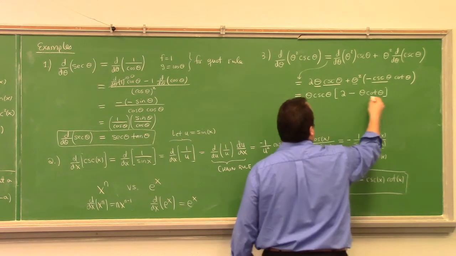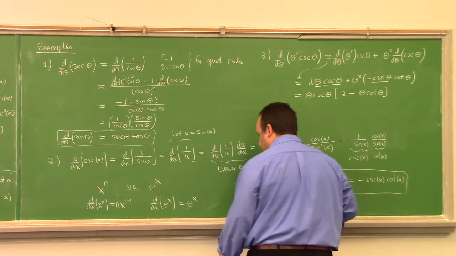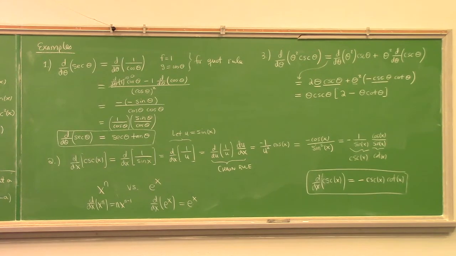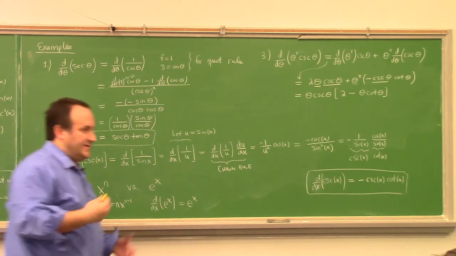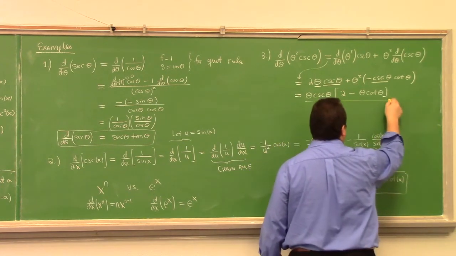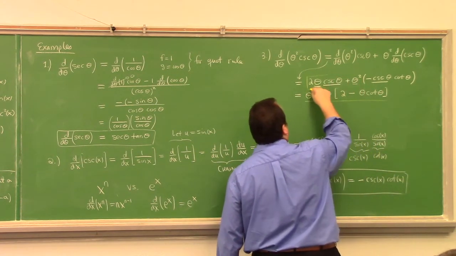So if I wanted to simplify my answer, I could do that. Unless I say otherwise, you don't have to simplify your answer. If I say differentiate and simplify, then I would expect this or something like it as an answer. If I just say differentiate, this up here is just fine.